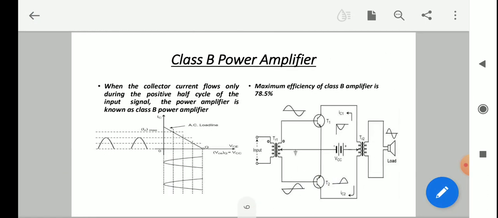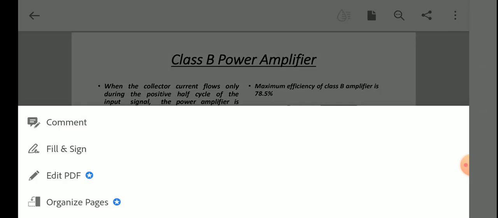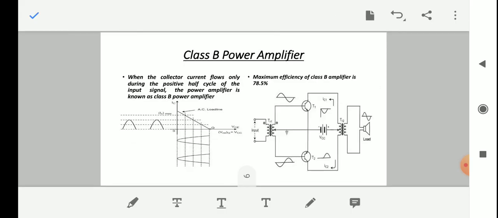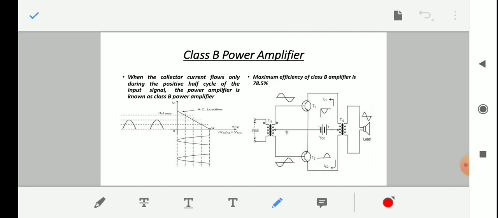So coming to the next class, that is class B power amplifier. In class B power amplifier, the maximum efficiency is about 78.5%, and this class of amplifiers provides the output for half cycle of the input signal. That means the conduction angle for the class B amplifier is 180 degrees.